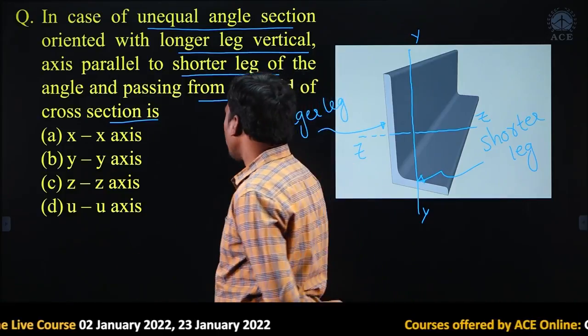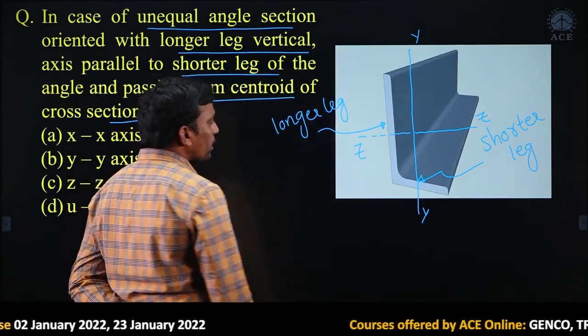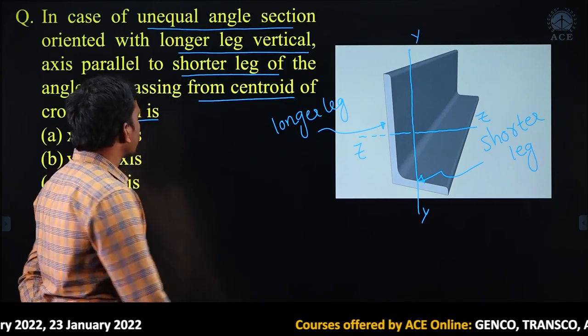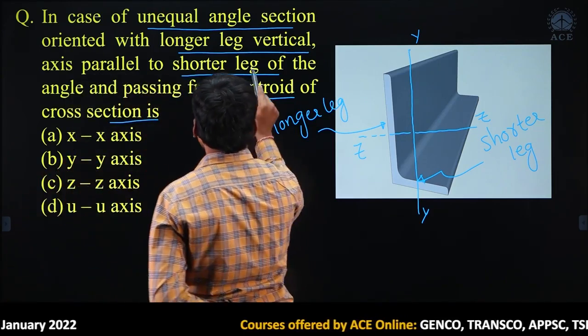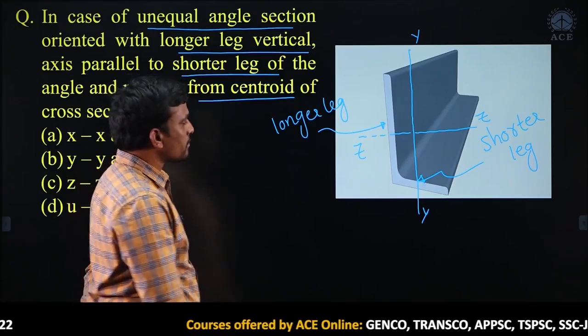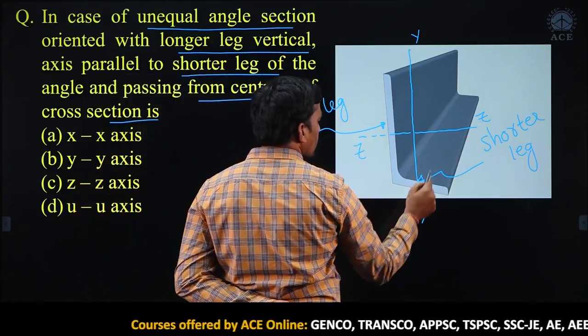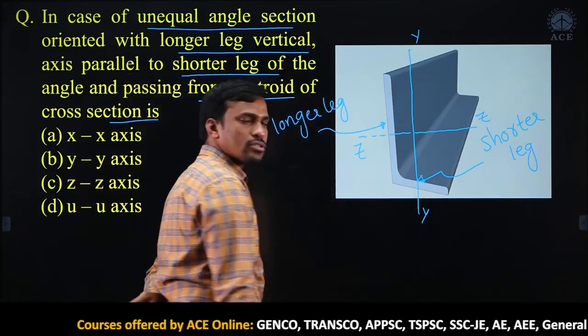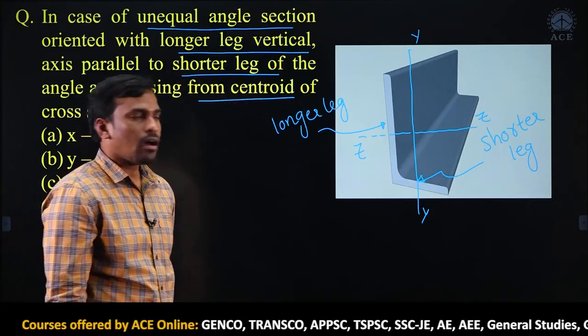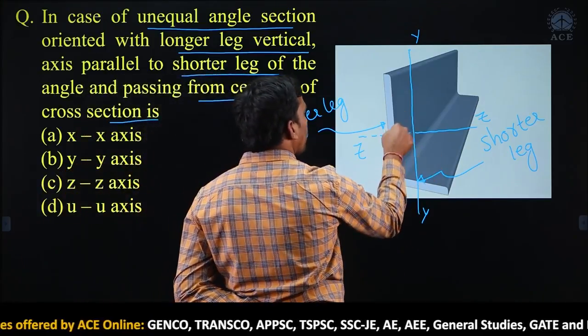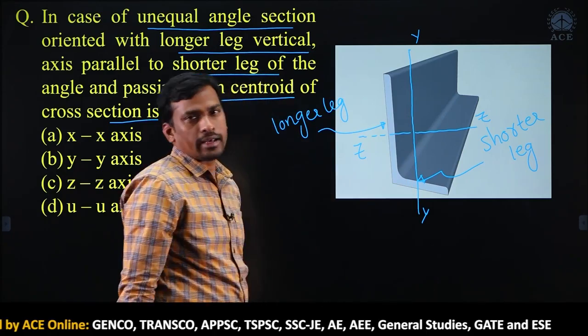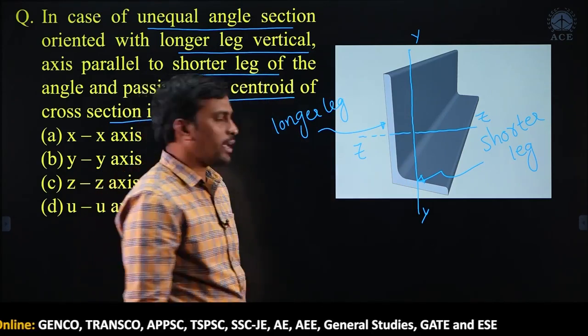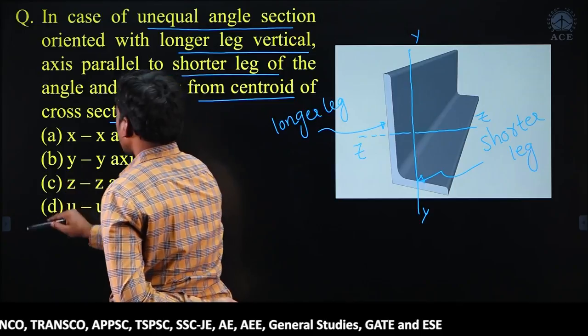Tell me, which axis is parallel to the shorter leg? Which axis? The ZZ axis is parallel to the shorter leg, or we can say perpendicular to the longer leg in the angle section. So, which option is correct?